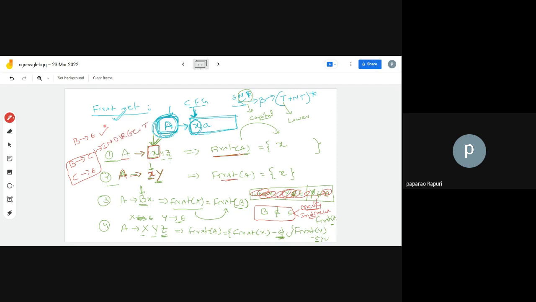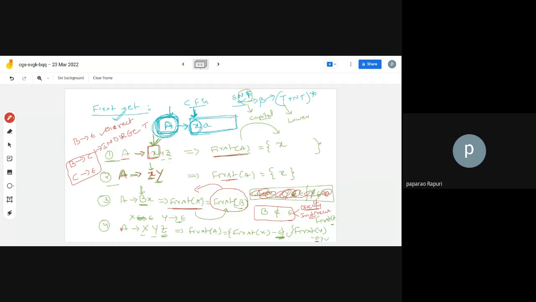So if it does not produce epsilon directly or indirectly, then the first set of A equals the first set of B. We need to add all the terminals which are in the first set of B to the first set of A. This is another rule for this type of production.